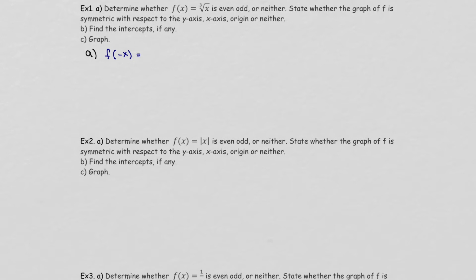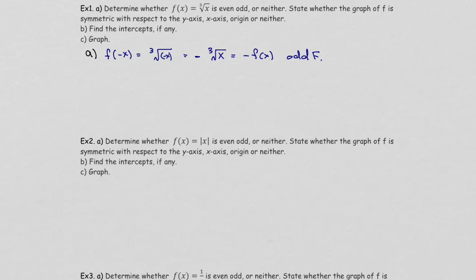So when we replace x with negative x, we end up getting negative x inside of the cube root. And when you simplify this, because it's a cube root, the negative can be factored out, right? And this is going to give you negative f of x. And we know that negative f of x is going to be an odd function.